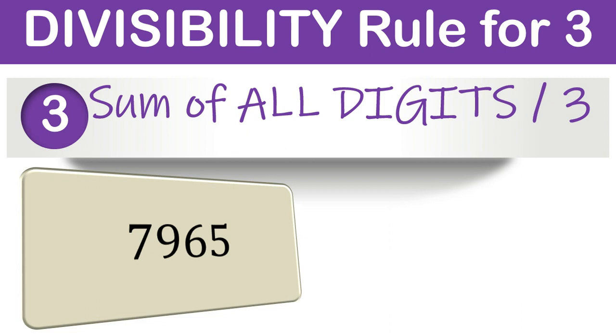A number is divisible by 3 if the sum of all the digits is divisible by 3.